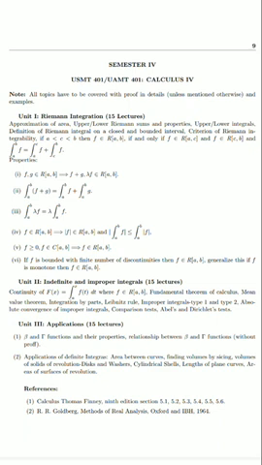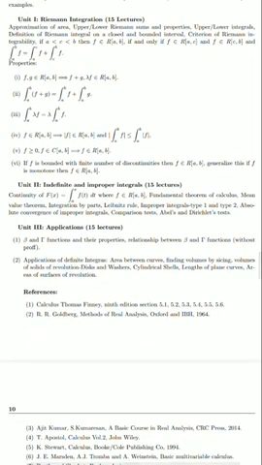In the second unit, unit number 2 is indefinite and improper integrals. Continuity of F of x equal to integration over a to x of f of t dt, where f is Riemann integrable over closed interval ab.